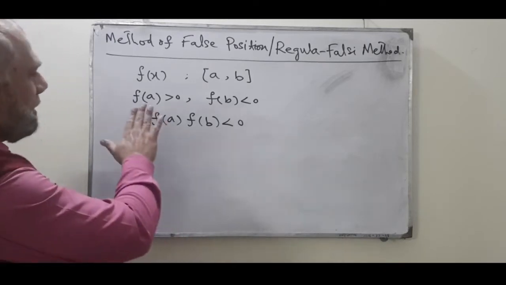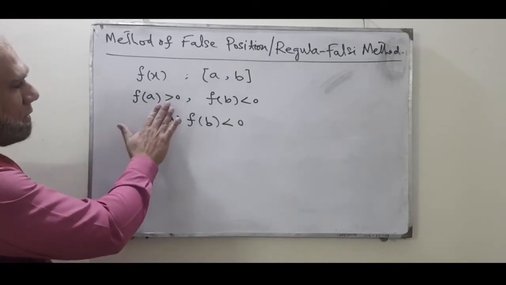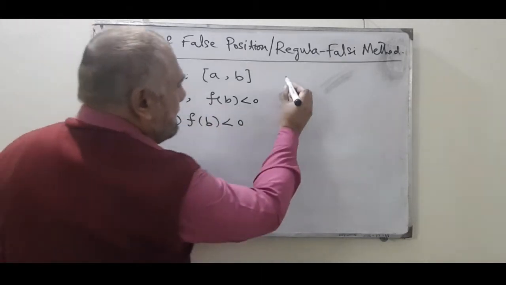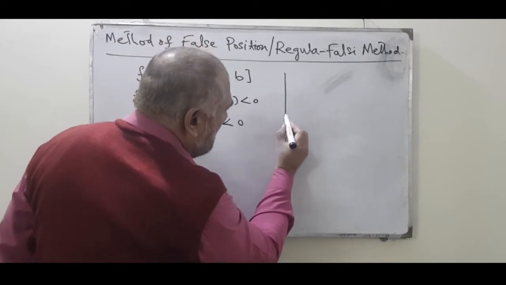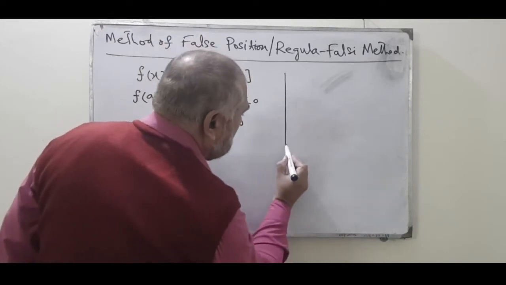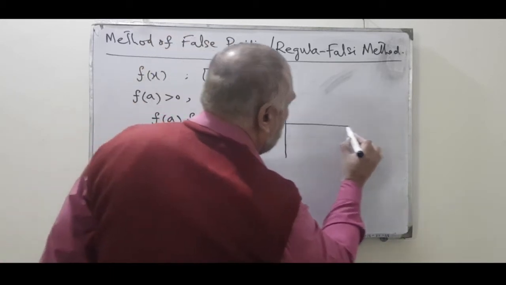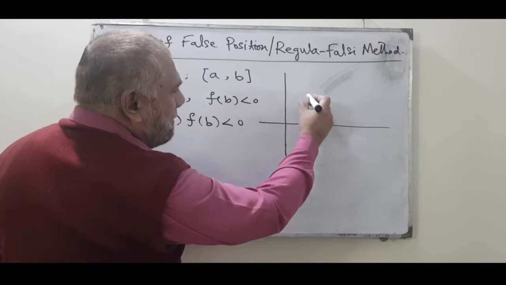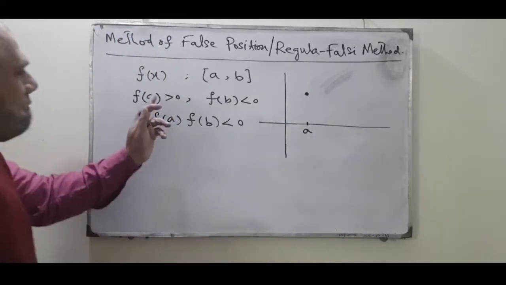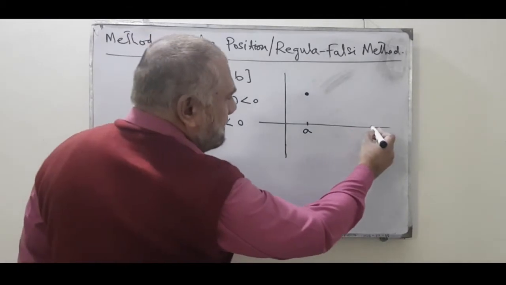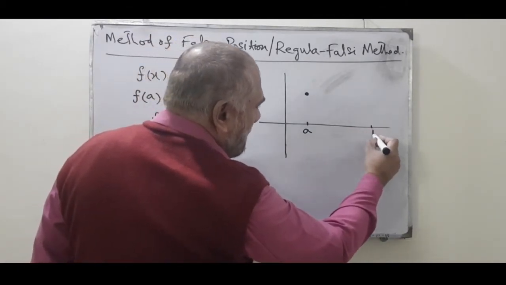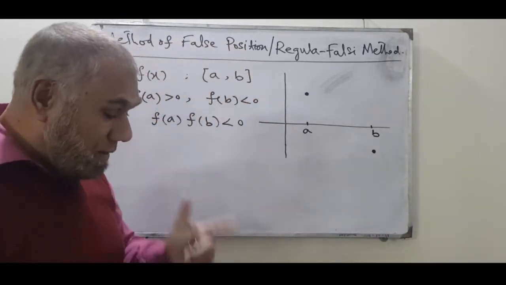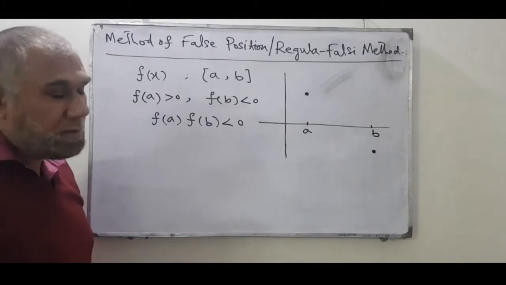Here you can see the function value is positive at a and the function value at b is negative. If I describe all this information through a graph, suppose a is here and we have a positive value of the function somewhere here. Similarly, we have the other endpoint b, and the corresponding value of the function is negative, and it will definitely be below the x-axis.